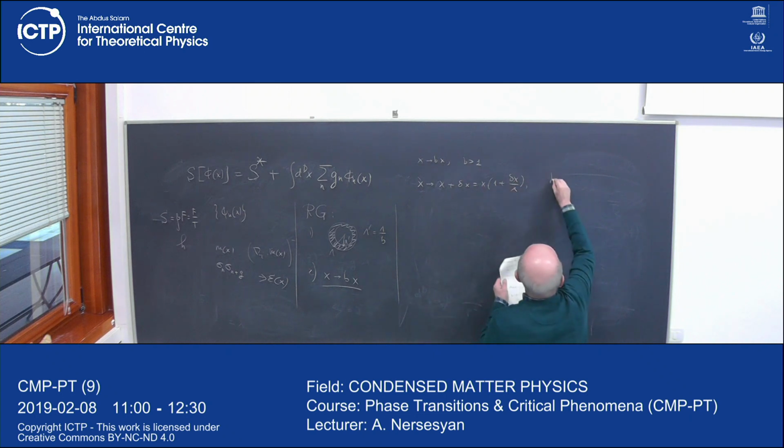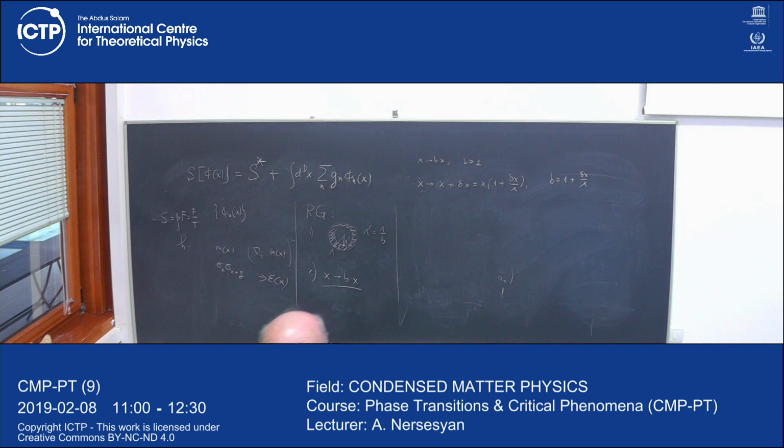From here, I conclude that therefore b is 1 plus delta x divided by x. Is it clear? It's an infinitesimally small RG transformation. The coordinate has to be multiplied by a factor, and this factor is very, very close to 1. It's 1 plus something. So therefore, this is the solution.